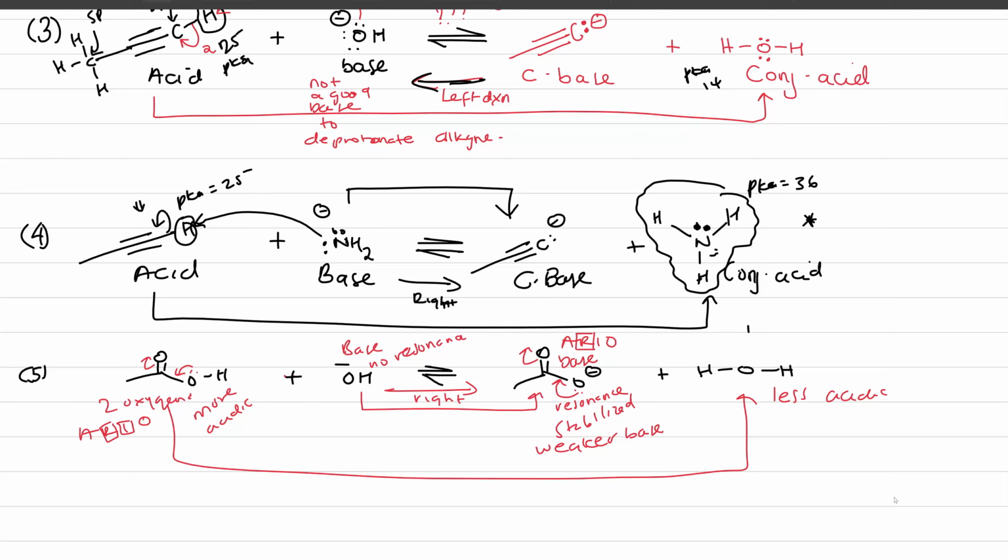If there is more resonance in the acid, then you're more acidic. You want to go on the side where you have a weak base and weak acid. So more resonance on a base means less basic, and more resonance on an acid means more acidic. Got it, I promise.